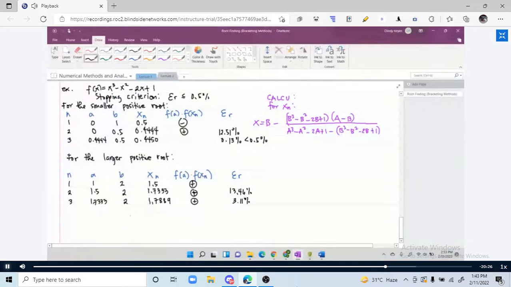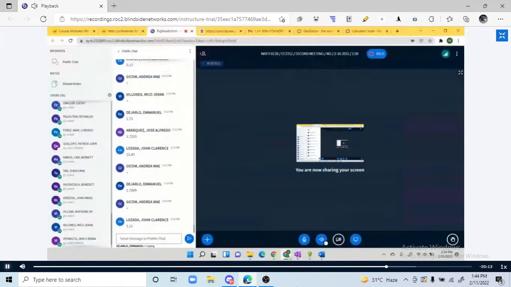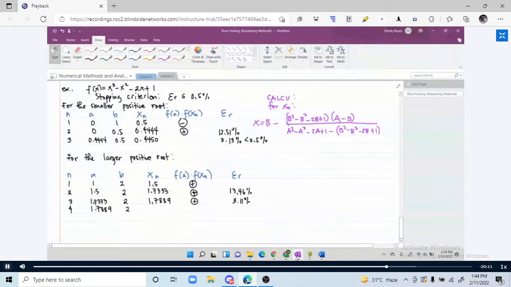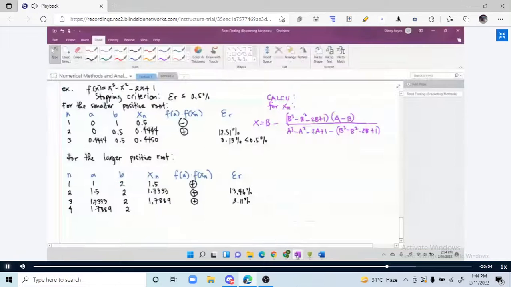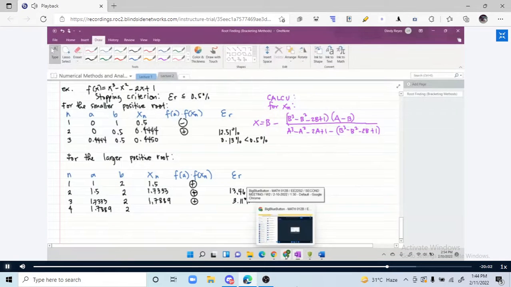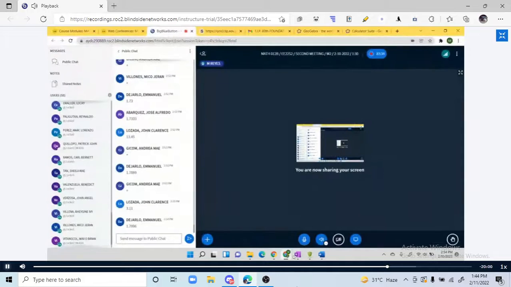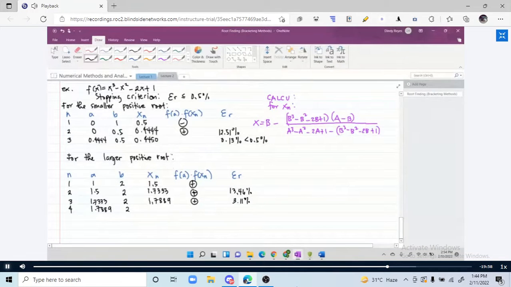All right, so positive pa rin. We'll change the value of A in the fourth iteration. This will now be 1.7889. This is still 2. And what is x sub 4? Yep, correct. 1.7996.